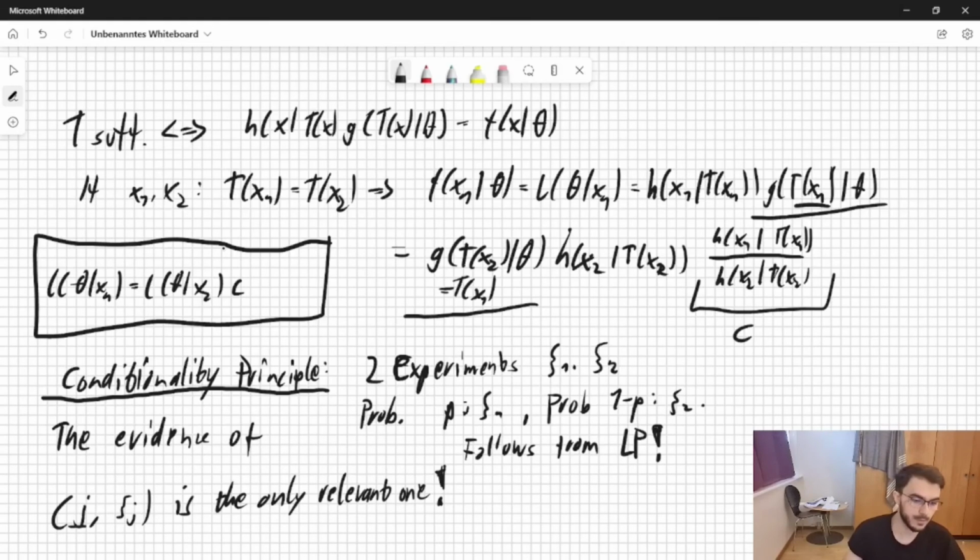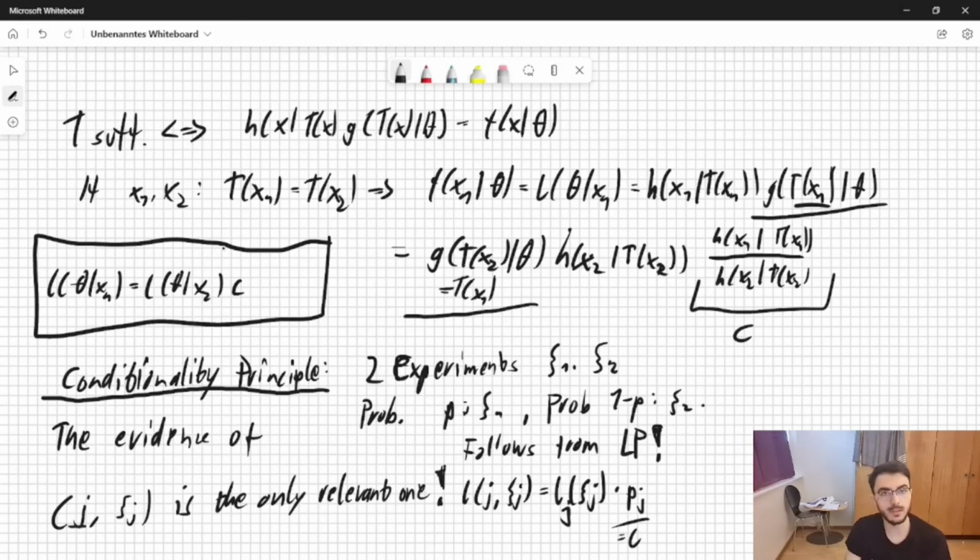Because our likelihood function is the same as the likelihood function from the original experiment, let's say Lj, but with some constant, either p or 1 minus p. So I'm just going to denote this by pj, and then this is again our c. So for Bayesian statistics, this principle follows immediately.